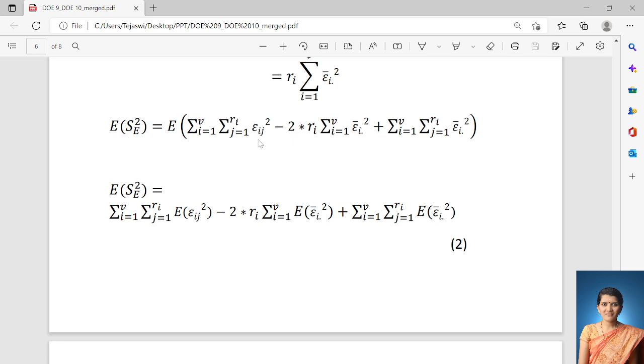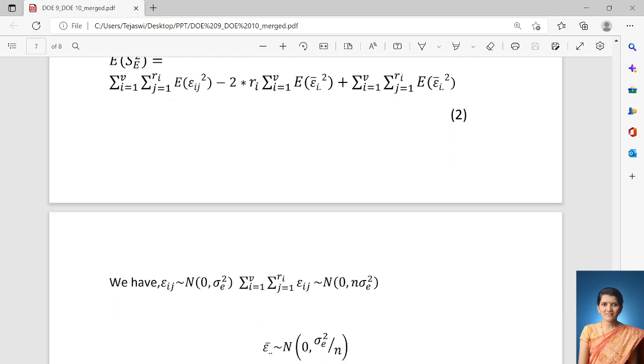Then we simplify this equation by taking the expectation inside. So the double summation is outside, with the expectation on epsilon ij square. This is a constant quantity. The expectation is applied on epsilon i dot bar square, and both summations are outside. We know the values of all these expectations. We see that epsilon ij is normally distributed with mean 0 and variance sigma square. Epsilon double dot bar has mean 0 and variance sigma square divided by n.